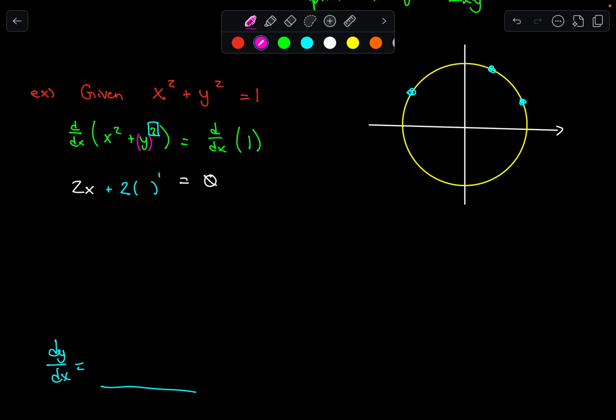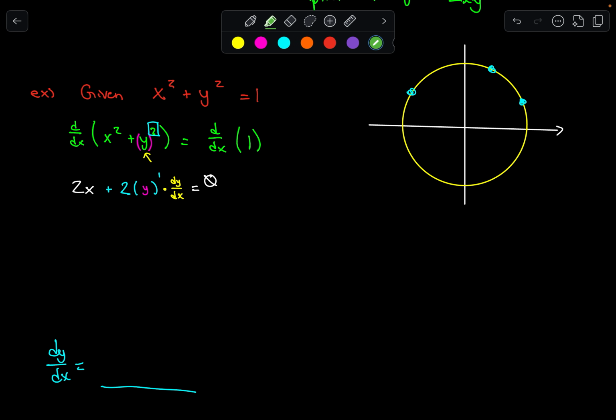In this case, that thing is y. But then we have to do the chain rule, right? Then we have to multiply by the derivative of what's on the inside. Well, the derivative of y is just y prime, or in our case, I'll write it as dy dx, right? So this dy dx pops out, and then all of that equals 0.